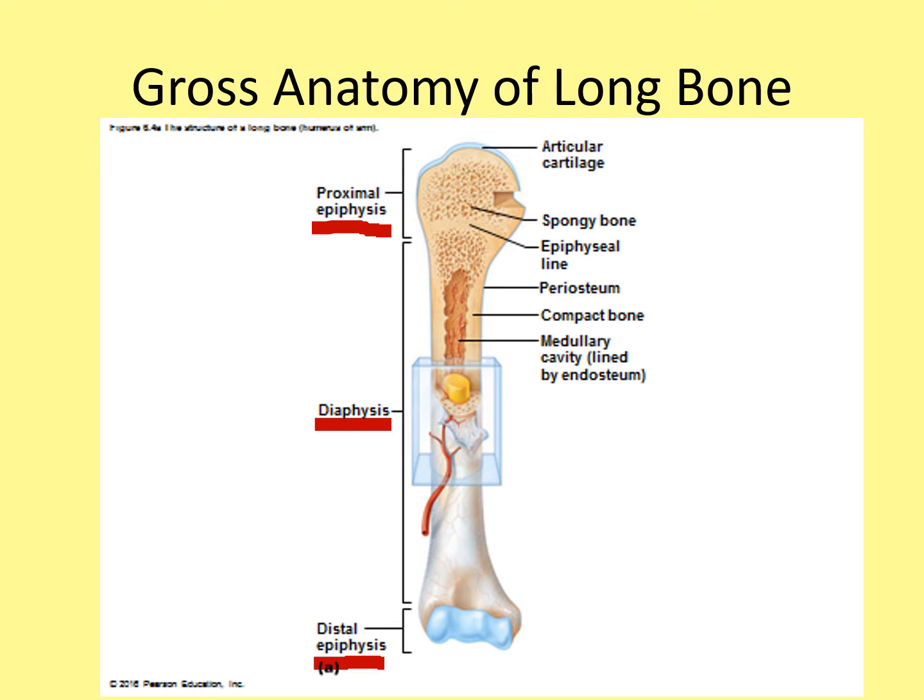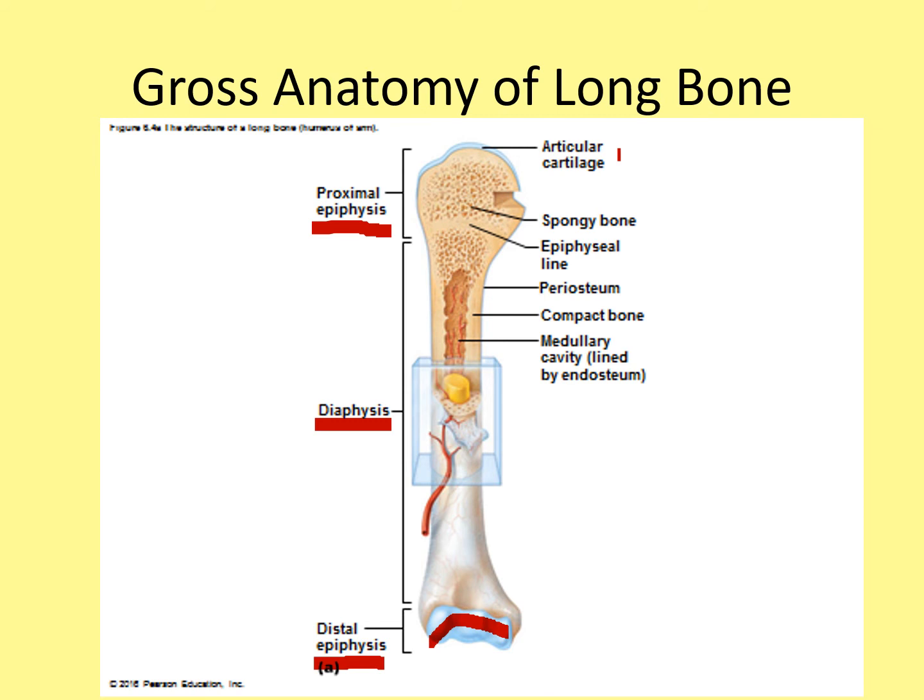On the end of the bone, in this bluish color right here, is the articular cartilage. That cartilage is found where two bones come together to form a joint, and it keeps the bones from rubbing bone on bone. You do have connective tissue.